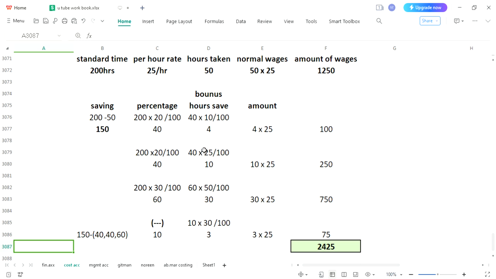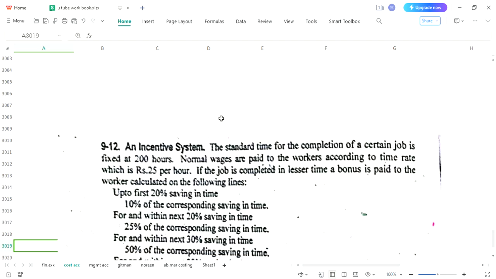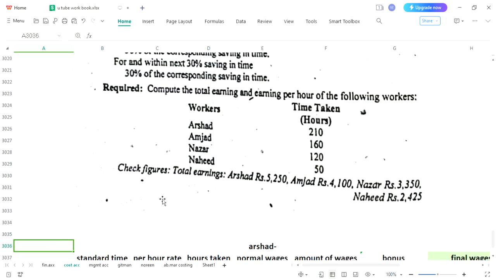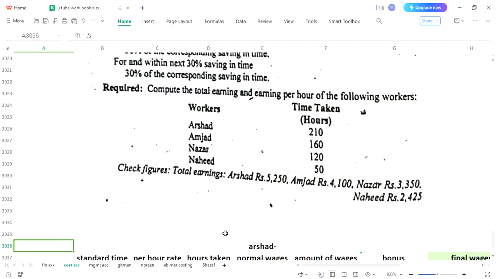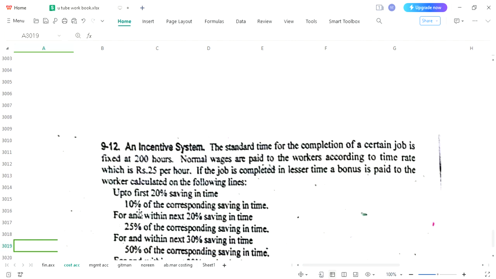And these are the corresponding percentages given in the question, and you can see that the corresponding percentages were given a little downside. For the first 20, 10%. The percentages were 10, 10, 25, 50 and 30.